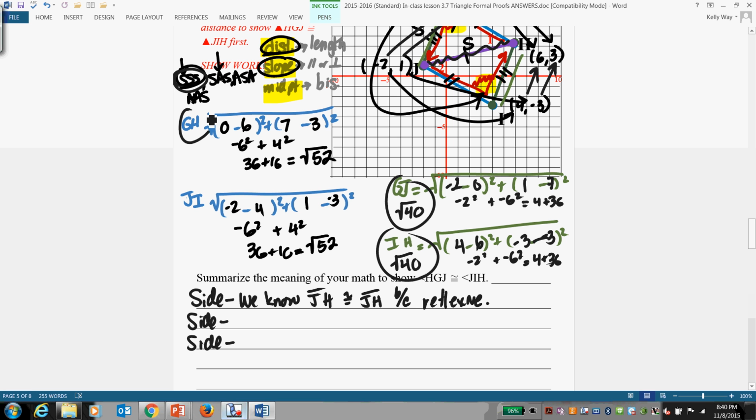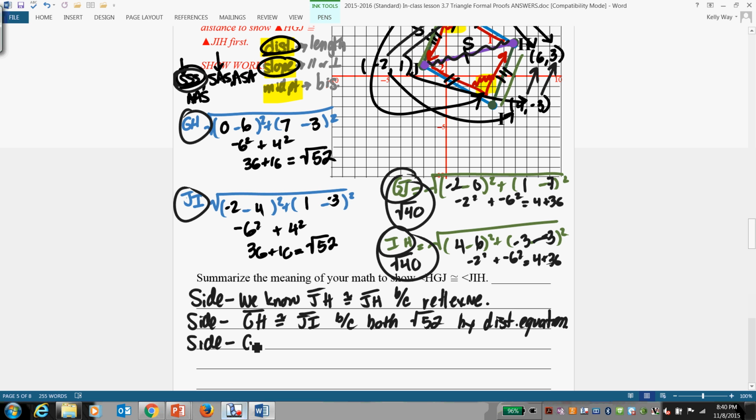Then we have these two sides, GH and JI. GH is congruent to JI because both root 52 by distance equation. That's our second side.